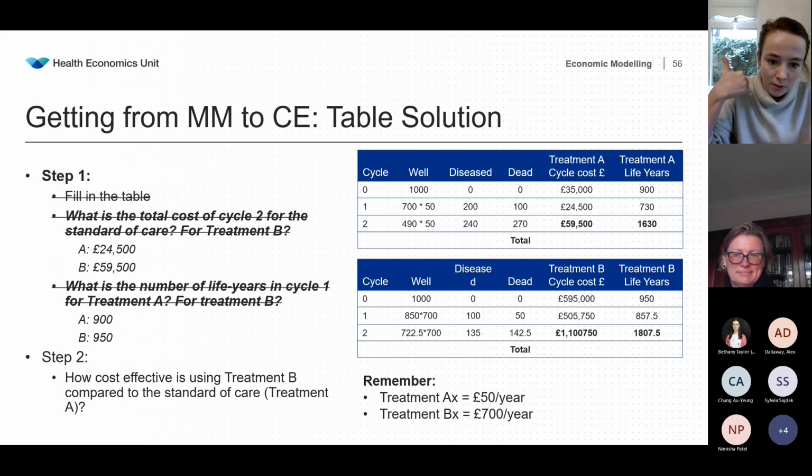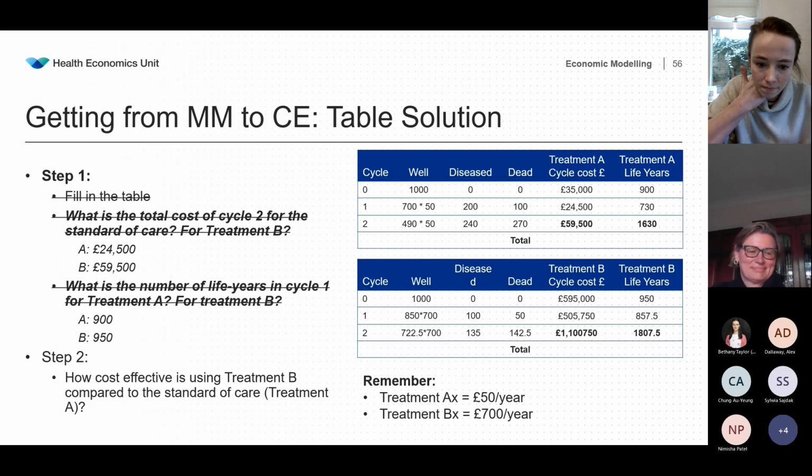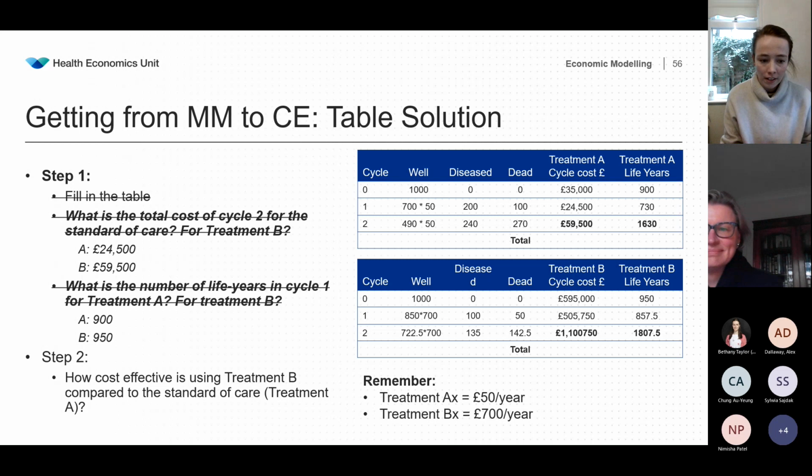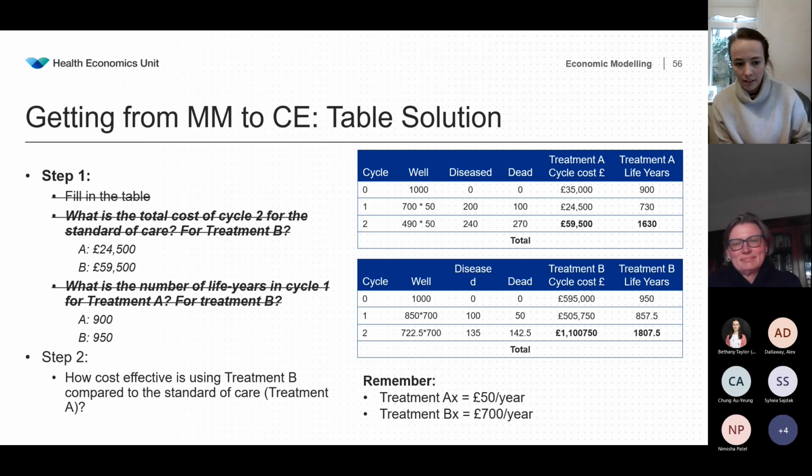Raise your hand or do thumbs up if you got the same. Well, that's good. Cool. Okay, so step 2 is how cost effective is using treatment B compared to the standard of care?